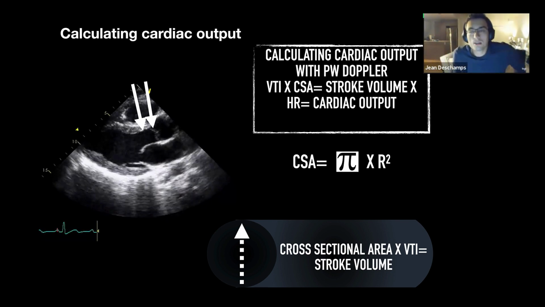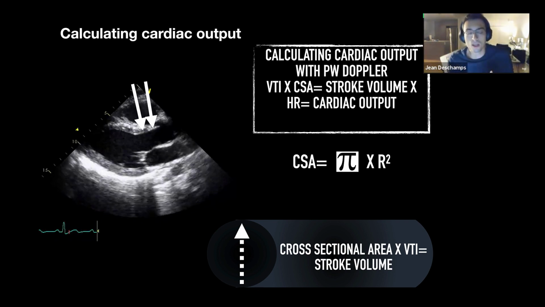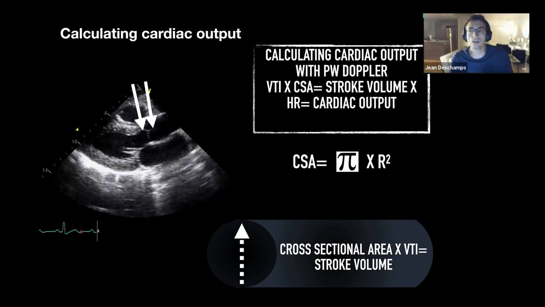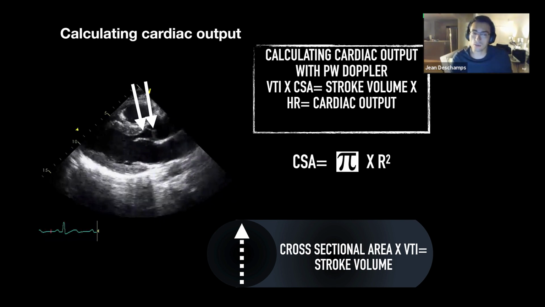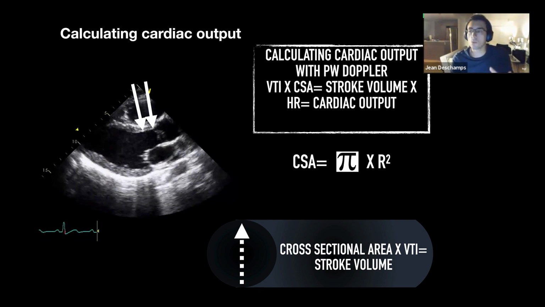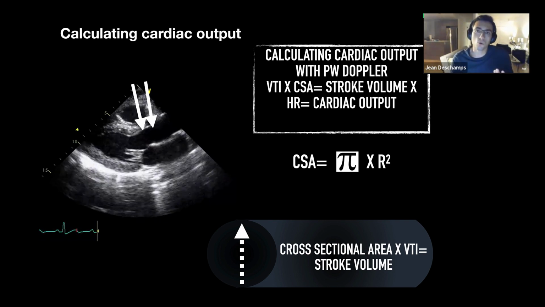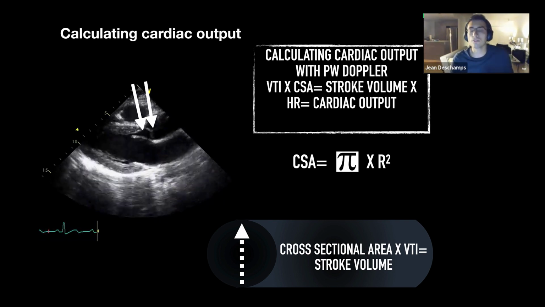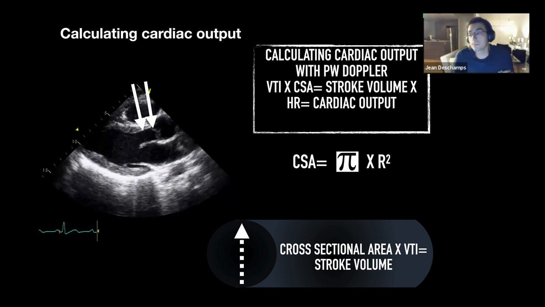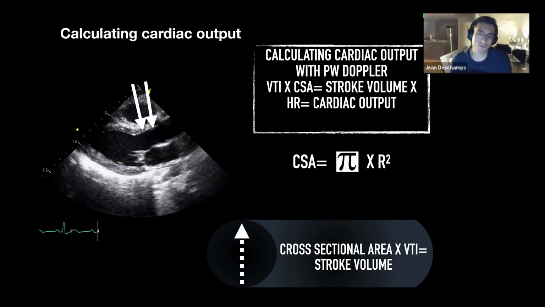Now, as we said before, it can be quite tricky to do in an apical view and know exactly where you're at. I would advocate instead to always put it in a standard way like you would do in a cardiac echo lab, which is at the insertion of the leaflets. Because at least that way, from person to person, you would have the same, or as close as possible the same, LVOT diameter measurement, which might in the end make it more reliable than measuring exactly where you think you put your pulse wave Doppler gate.